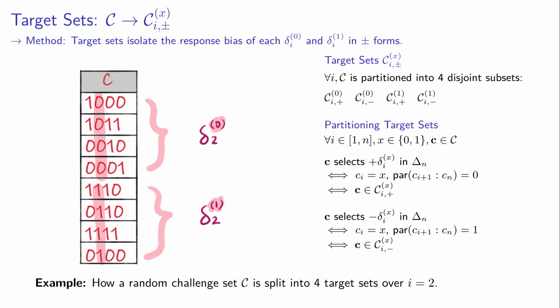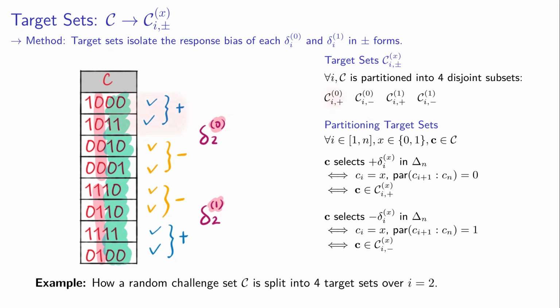First, we divide the challenges based on the delta they are selecting at the target stage. Then, for each challenge, we check the parity of the challenge bits from the next stage until the end. These first 2 challenges selecting delta 0 at stage 2 have even parity for their last 2 bits, so they're a part of the challenge set selecting delta 0 at stage 2 in positive form.